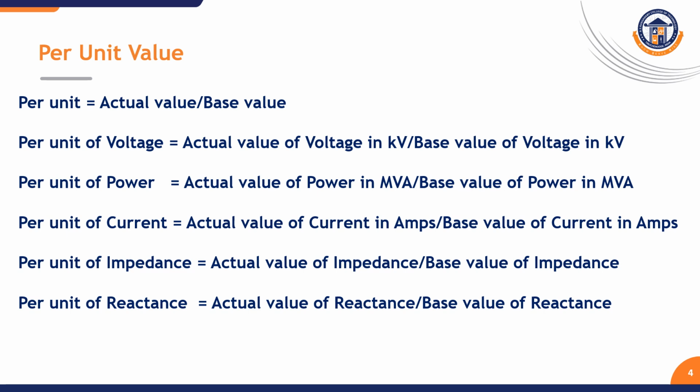Per unit value of current is the actual value of current in amps by the base value of current in amps. Similarly, per unit value of impedance is the actual value of impedance by the base value of impedance. And finally, per unit value of reactance is the actual value of reactance by the base value of reactance. So these are the formulas to calculate the per unit value of electrical quantities.